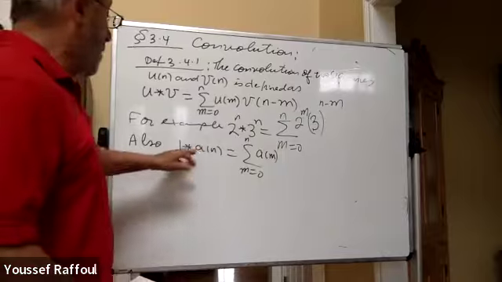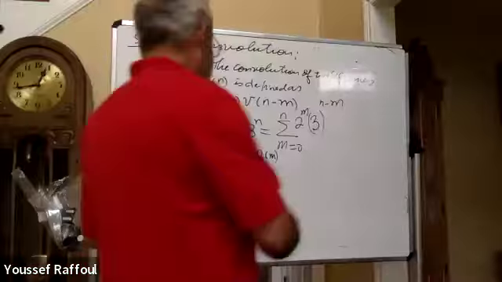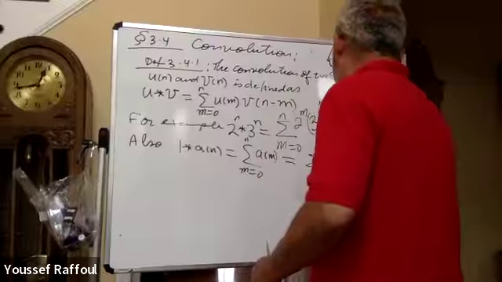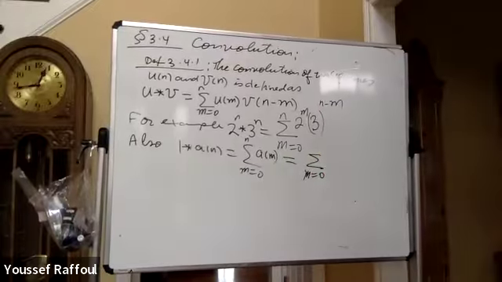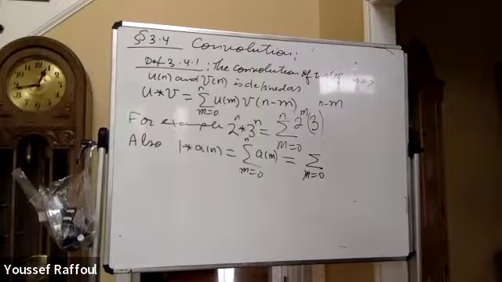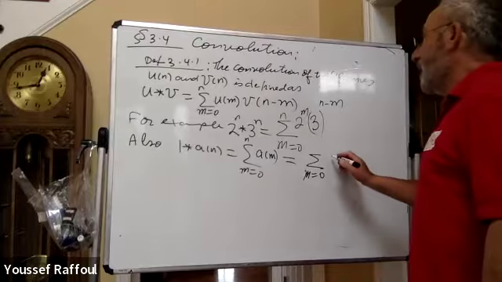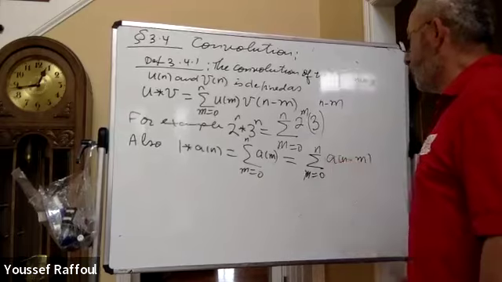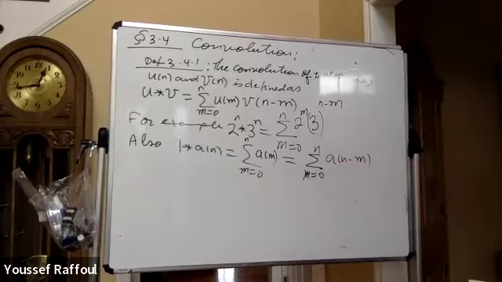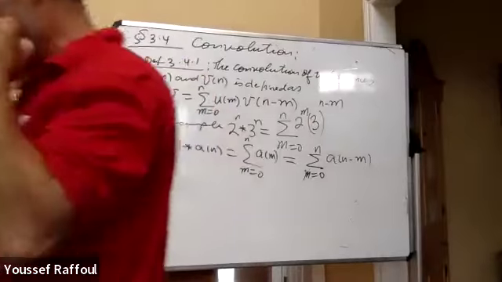Because if we take v to be 1 and u to be an, I took it to be am, and if I take v n minus m, that is a n minus m. Okay? They are the same. All right. Any questions?